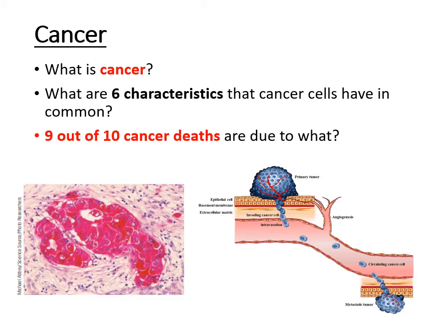Interestingly, the fourth characteristic is that while they keep growing and dividing, they're able to hijack your vascular system, and they can actually cause you to grow new blood vessels so that their larger and larger tumors can be supplied with nutrients. So they basically hijack your vascular system.